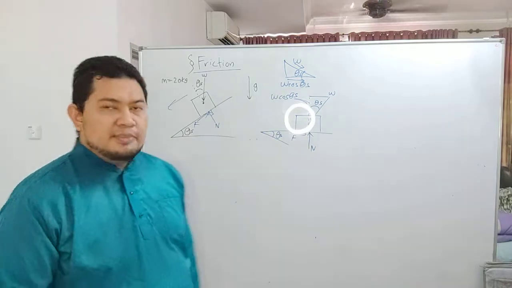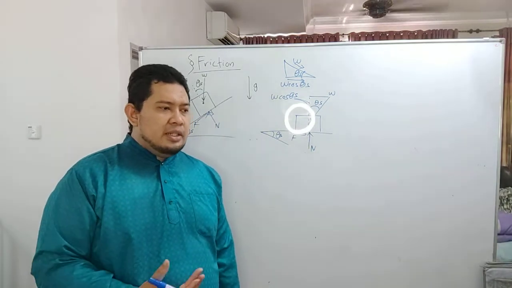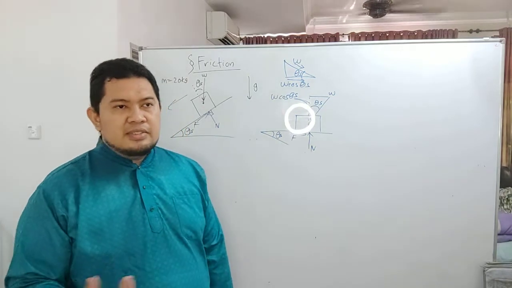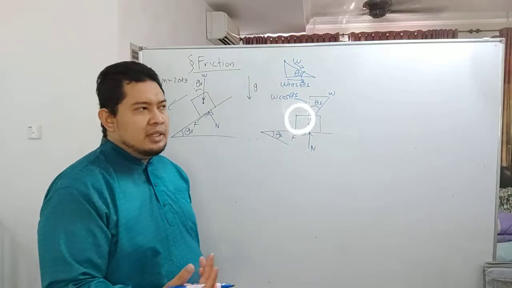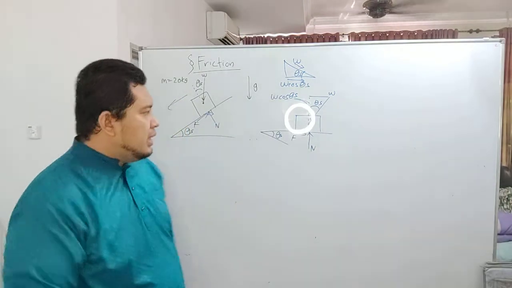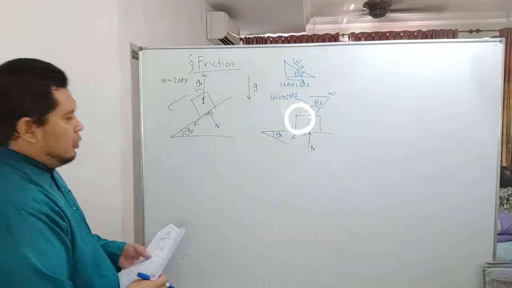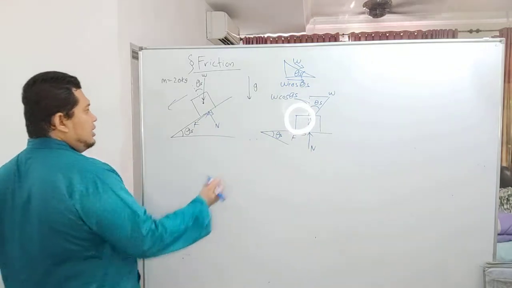Another one is moment. Later on we use moment so that we can calculate, for example, the height h of the applied force and the distance x from the center. We need to use moment.